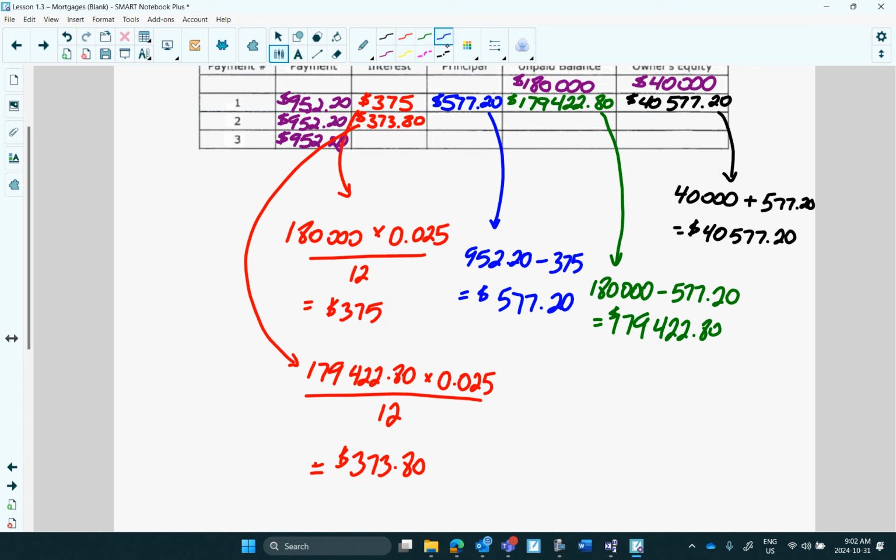So to figure out this new blue amount, we take 952.20 minus how much he paid in interest that month. And we get 578.40. Which means this goes to 578.40.